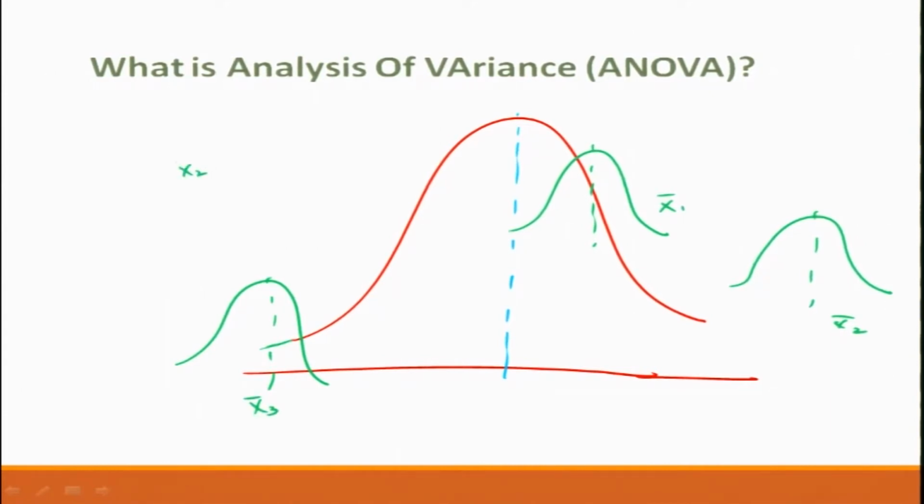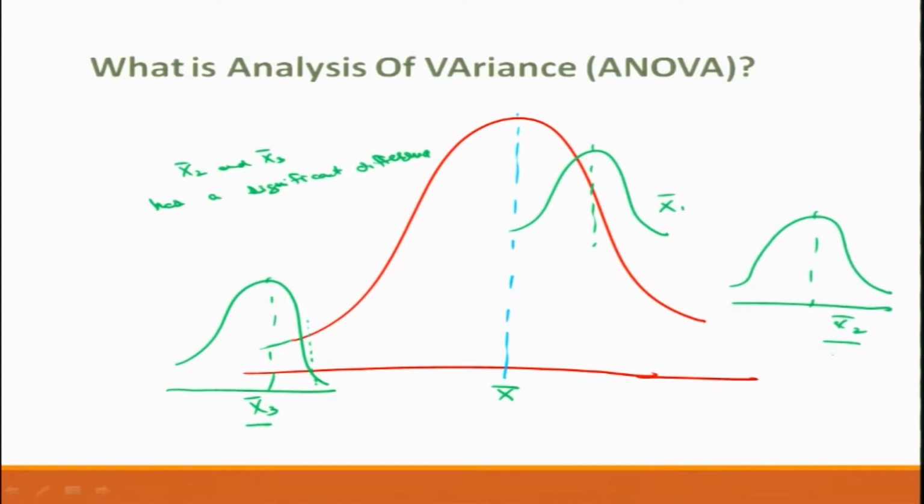In this case, x2 bar and x3 bar have a significant difference from x bar. So, these are lying outside, x2 and x3, if I put the significance level here. So, means are in different locations here, x3 and x2. x1 is quite close to the population mean, but the overall relative mean is away from the x2 and x3 group means here.